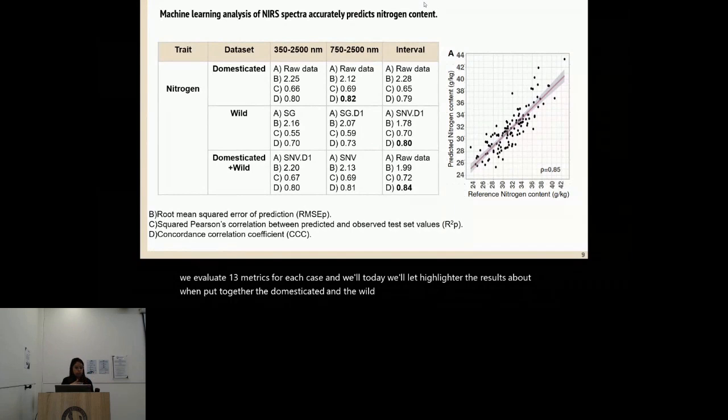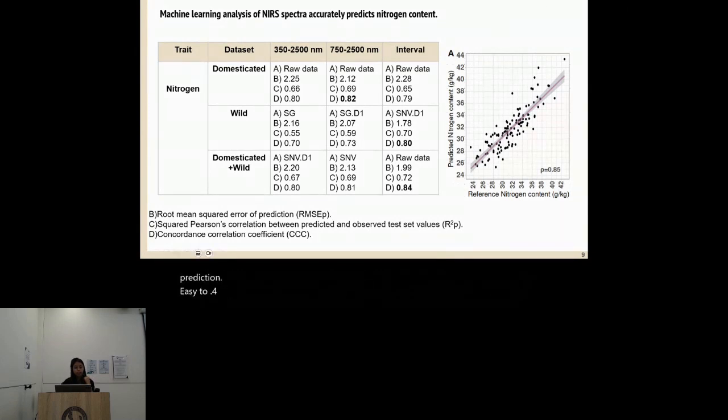The error was very short, around 1.99, and the prediction is 0.4. Also, in the graph, you can see the relation between the prediction and the reference values for the collections.